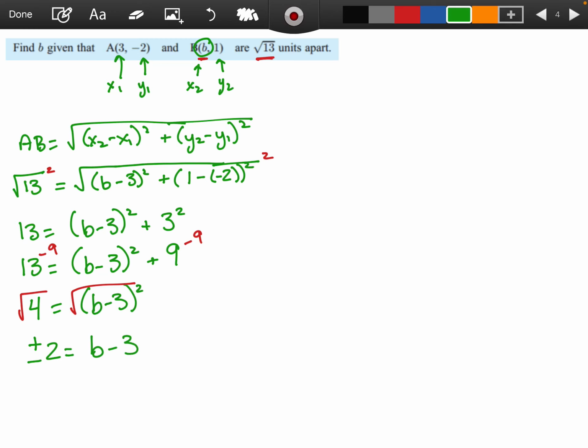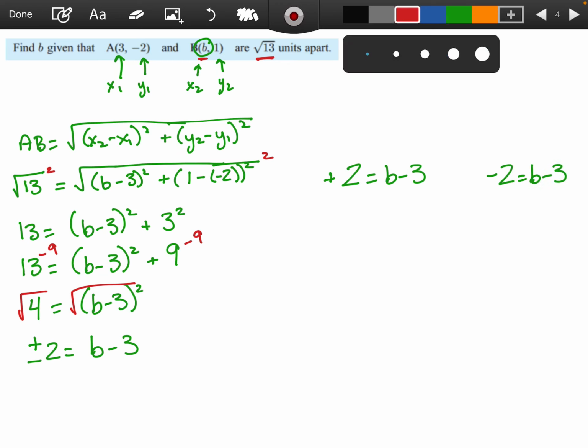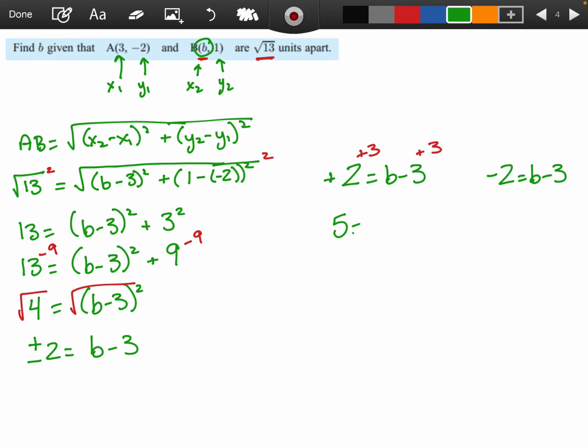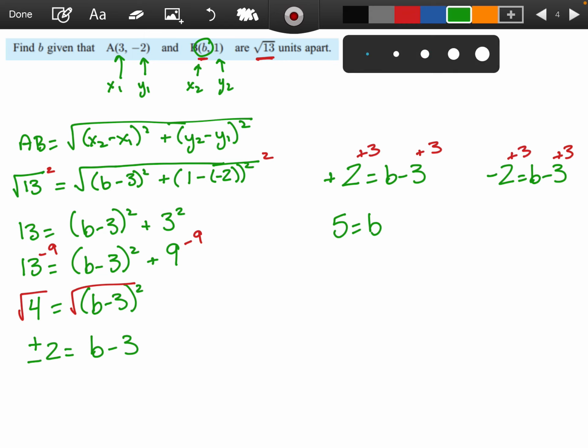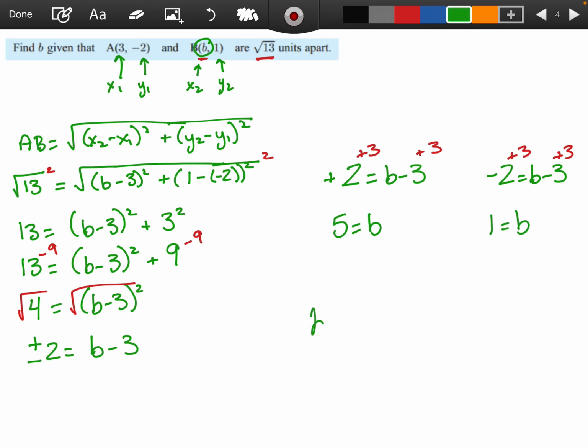So now this question splits into 2, because b minus 3 might equal positive 2, or b minus 3 might equal negative 2. I have to run with both, because I'm not given any indication about whether one could be discounted or eliminated. So I just have to proceed with both possible options. So we end up with 2 possible answers. B is equal to 5 or 1.